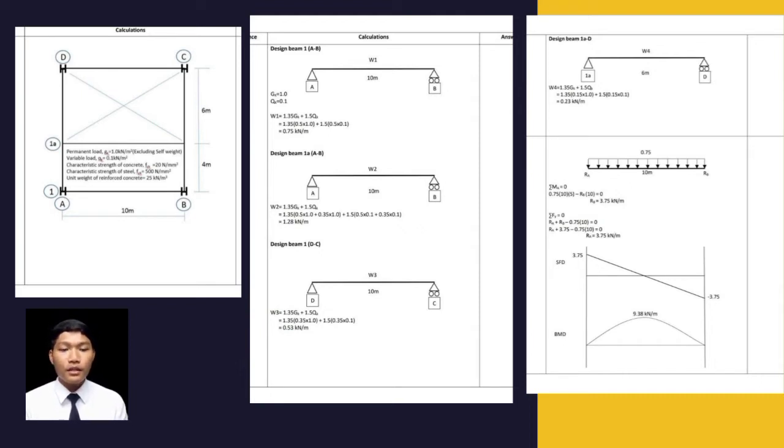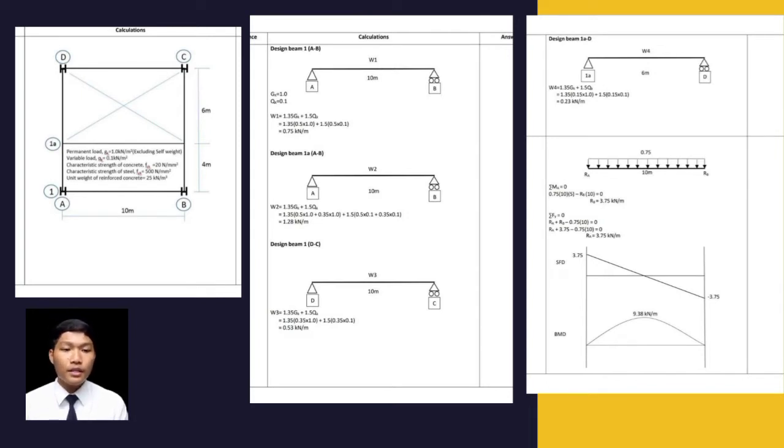From the data that was given, we design the beam 1A2B. The formula is weight equal to 1.35 GK plus 1.5 QK. So we calculate and then we get the design beam AB is equal to 0.75 kN/m.